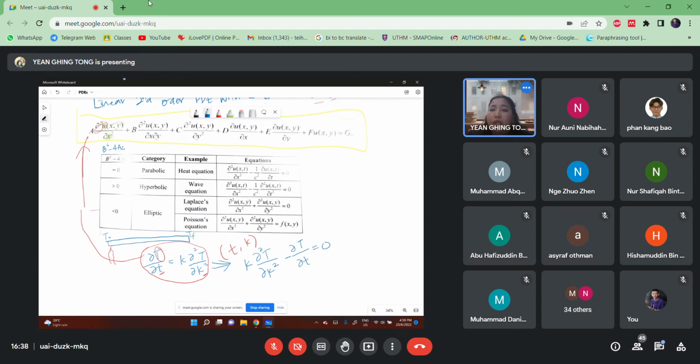Kalau tengok kosong ini, G ni kosong lah sebenarnya. G adalah kosong. Cuma sekarang saya nak this one compared to this one. So that means A is actually K.